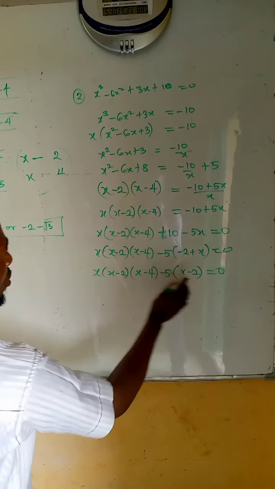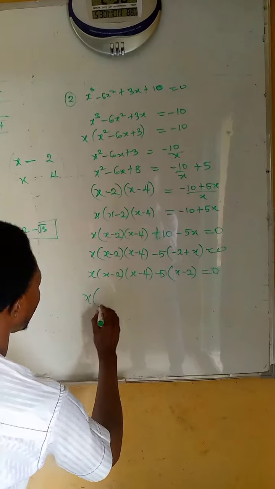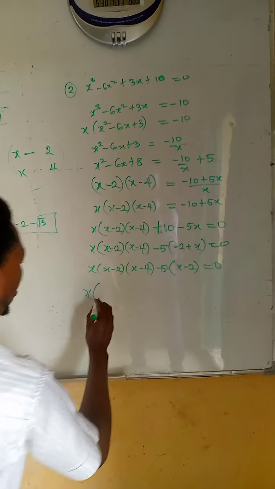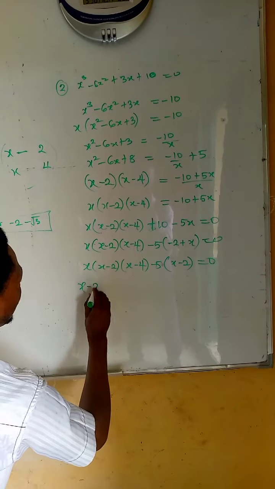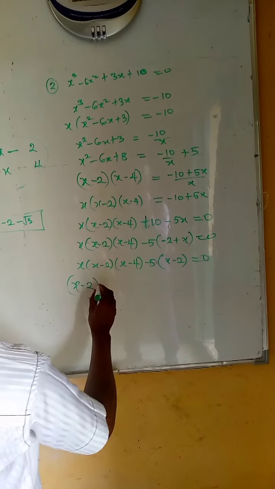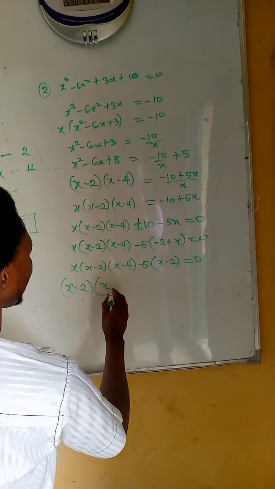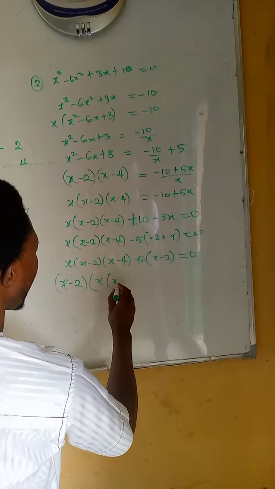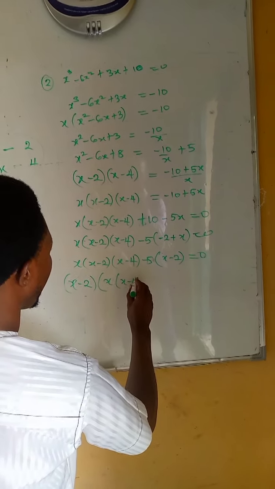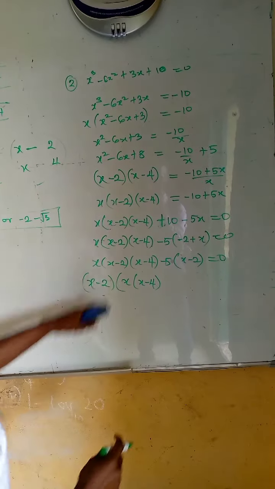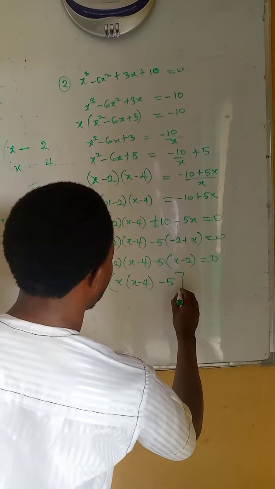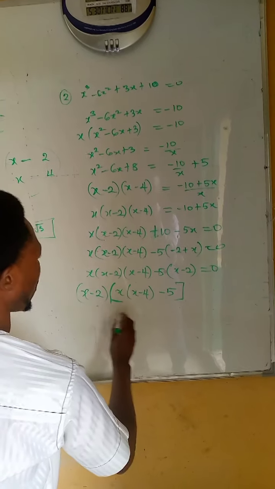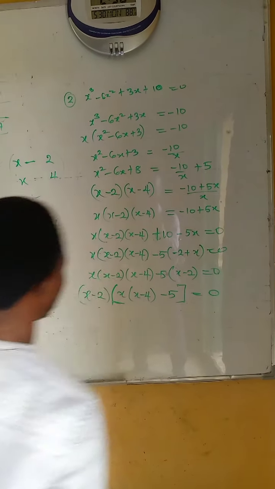Now x minus 2 is common, you can take it out. So we have x minus 2 into x into x minus 4, then minus 5, which is equal to 0.